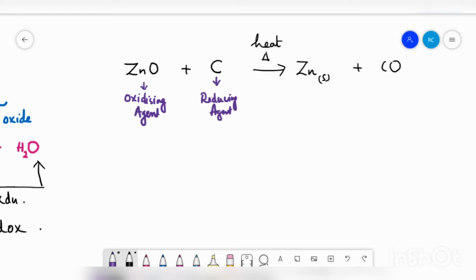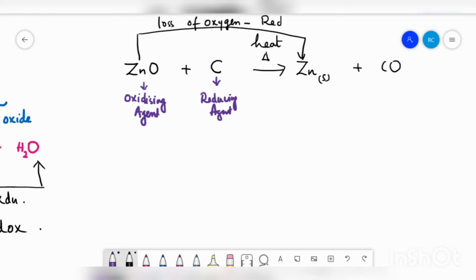So can you locate oxidation and reduction here? What happened to the zinc oxide? Zinc oxide shows loss of oxygen. So that is reduction. What happened to carbon here?